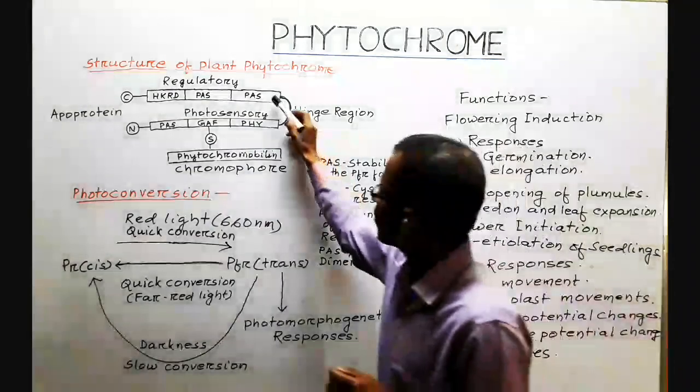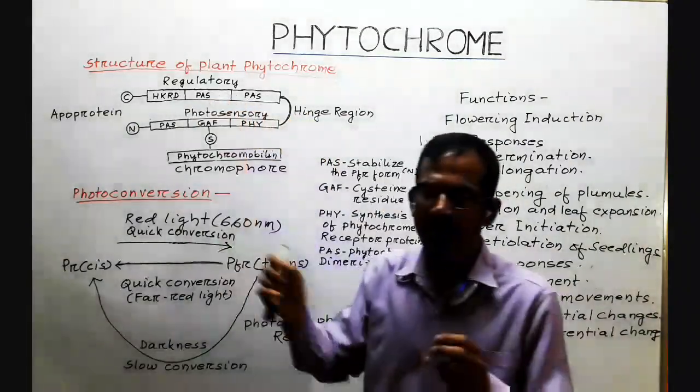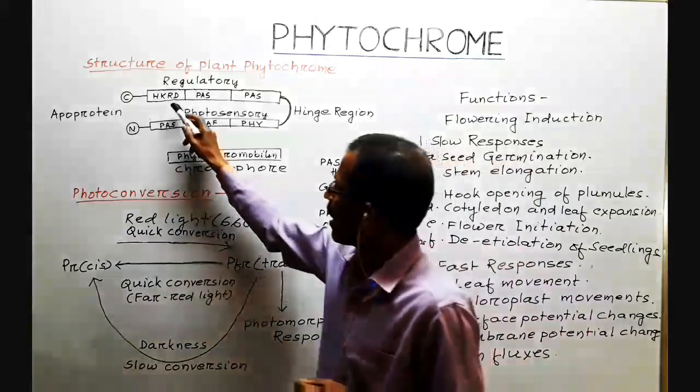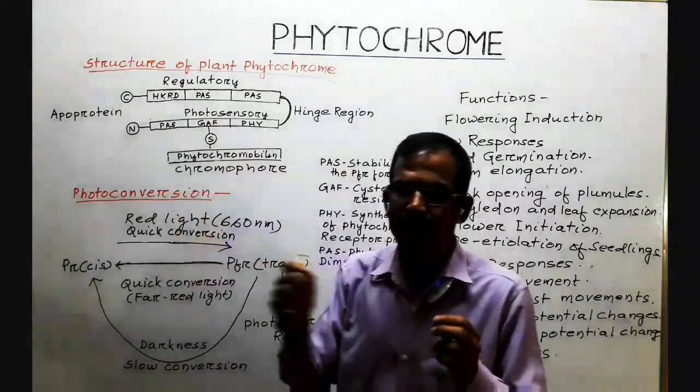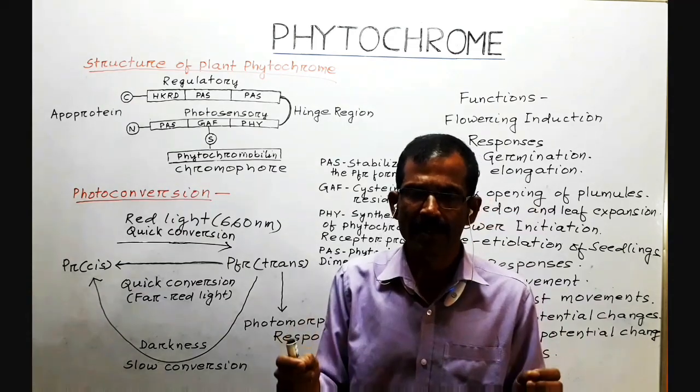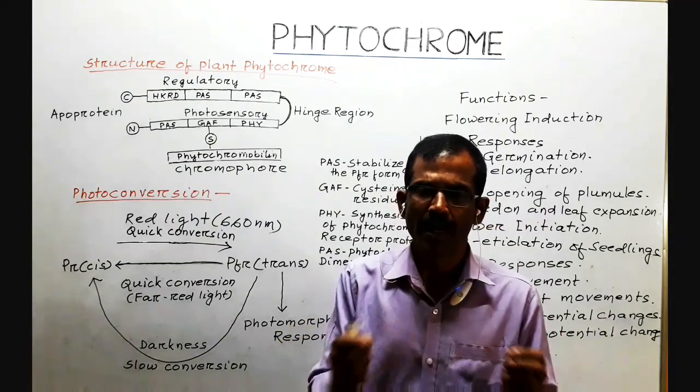The C-terminal regulatory region also has several domains. HKRD is the histidine kinase related domain, which acts as a serine threonine kinase.